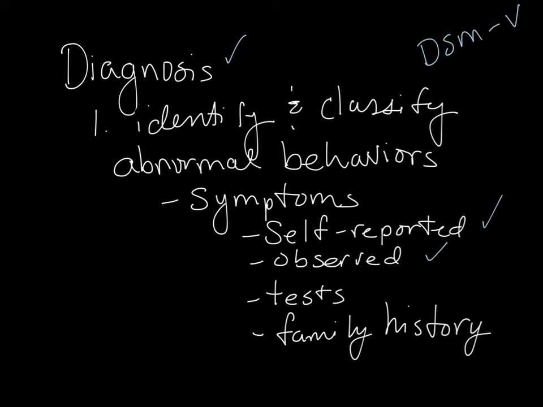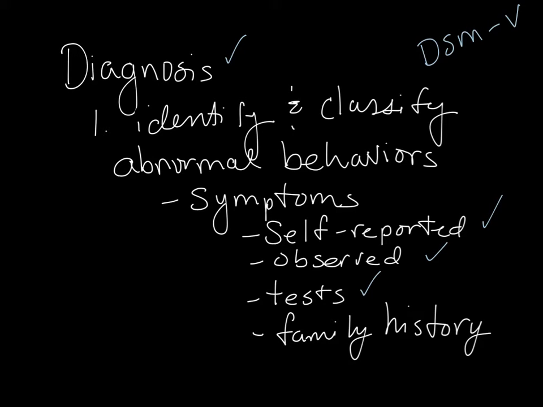What sort of psychomotor tests can we run? What kind of assessments can we do that will help us better understand the symptoms that are being observed or self-reported? Or if there are no observations and nothing reported, but somebody has a hunch, maybe it comes out with the testing. And the last one is the family history.